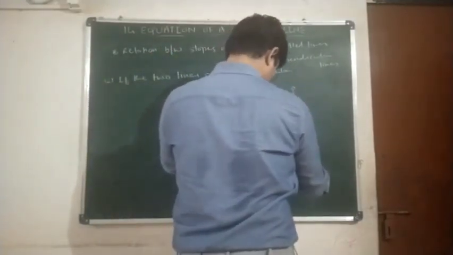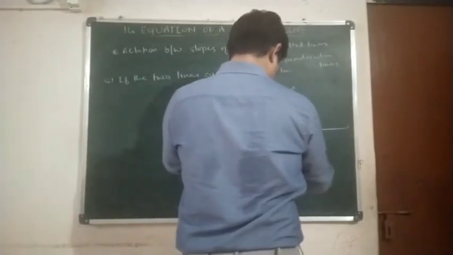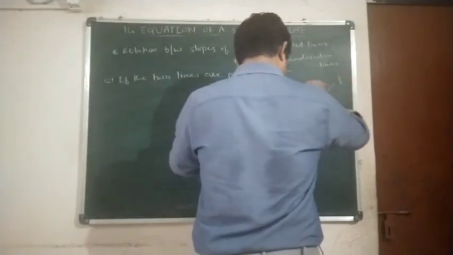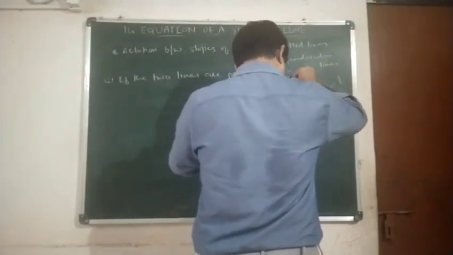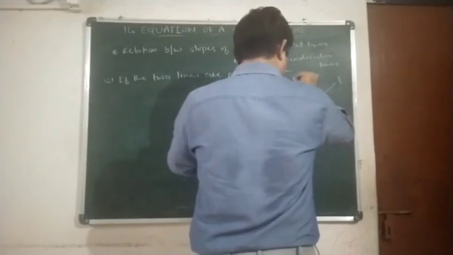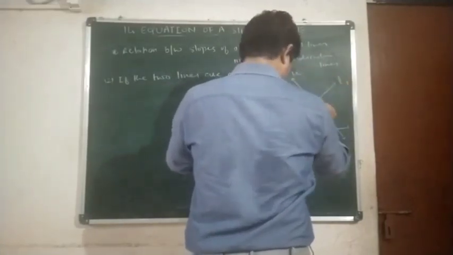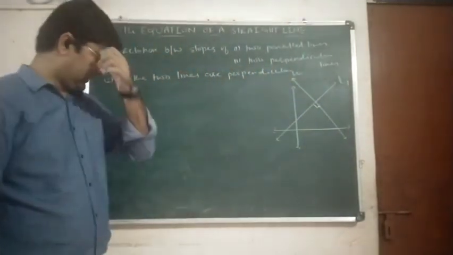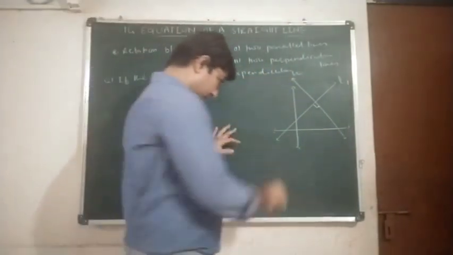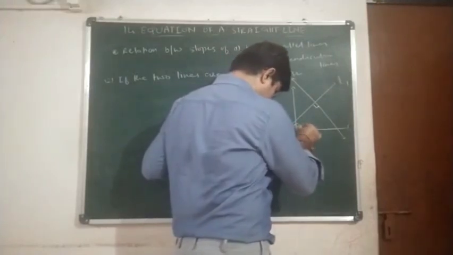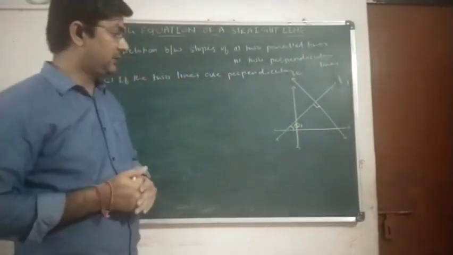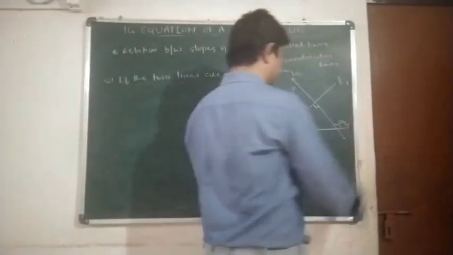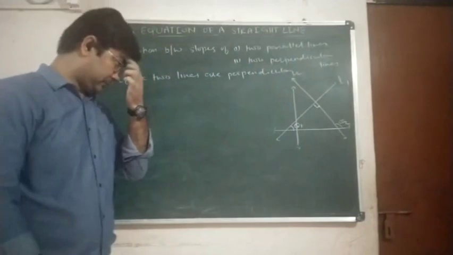Let us draw a diagram to understand that. We have a line, say L1, and another line which is perpendicular to L1. This is line L2. Now both the lines are perpendicular, 90 degree. Say the angle of inclination of line L1 is theta 1 and the angle of inclination of line L2 is theta 2.